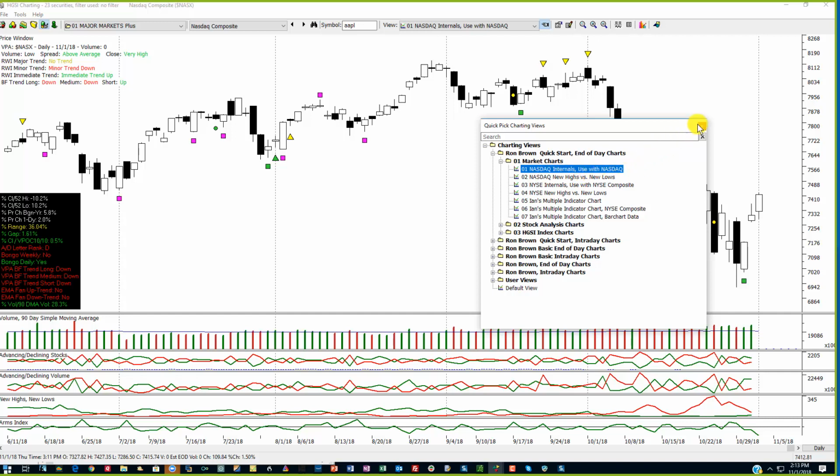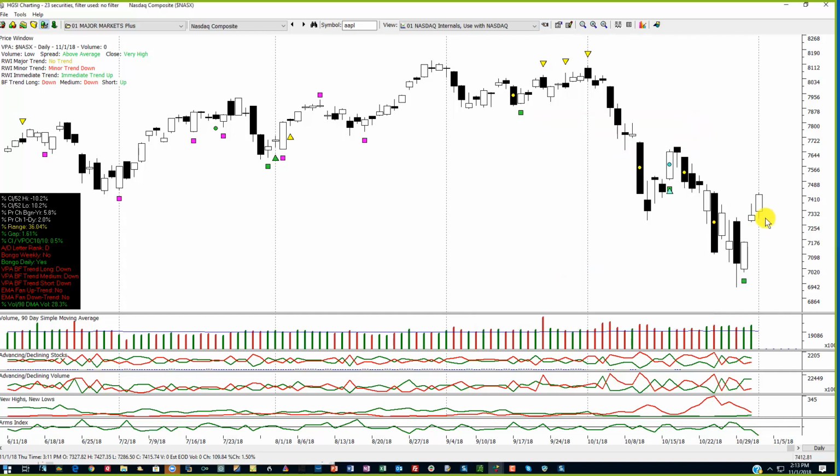It says use with Nasdaq, and this shows you the current price during the day. I do want to point out though that there is no volume associated with this candle over here. That information is delivered during the evening download, and that comes from Barchart. But we do get the candle.